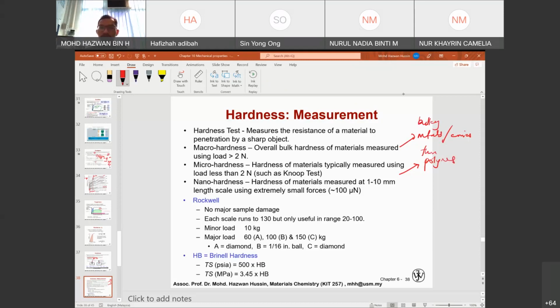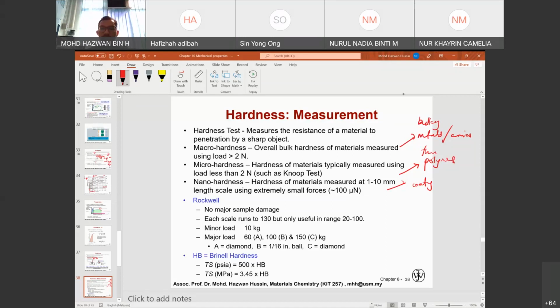And then you have nano hardness, which is normally for coatings, any thin layer like coatings, paint, and whatsoever. So you will use nano hardness.